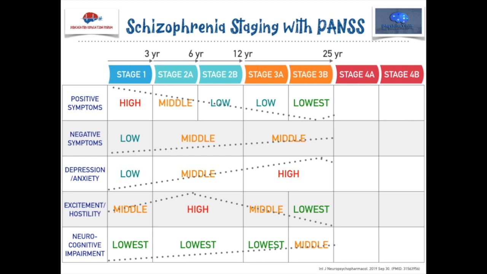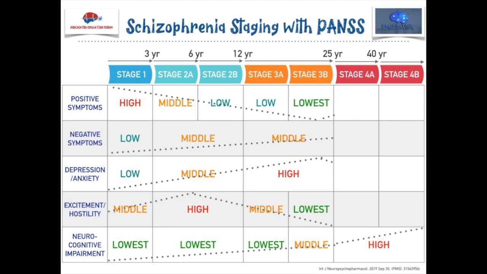But let's talk about the symptoms. Which symptom dominates here? This is the stage when there is a marked increase in the neurocognitive deficit. This is the dominating symptom from 4A to 4B. And you can see on the top, the time period is now full for all stages. We'll talk about that in the end for a few seconds. But neurocognitive deficit is highest right now.